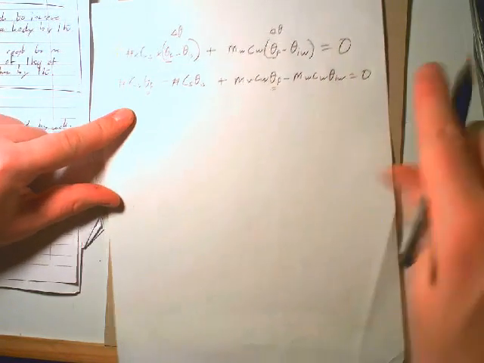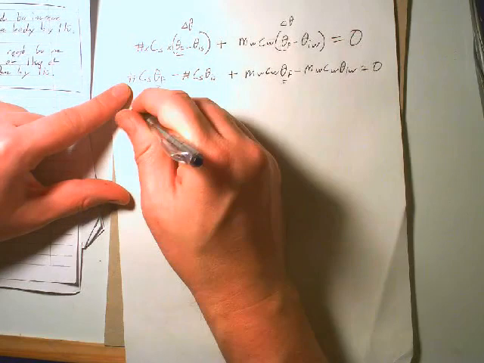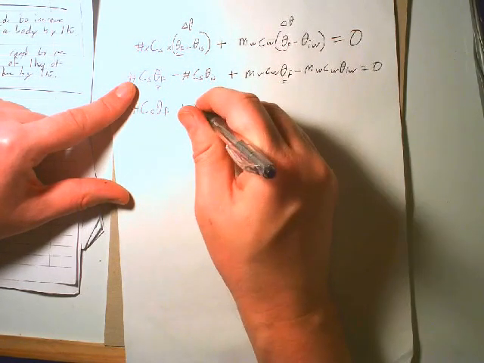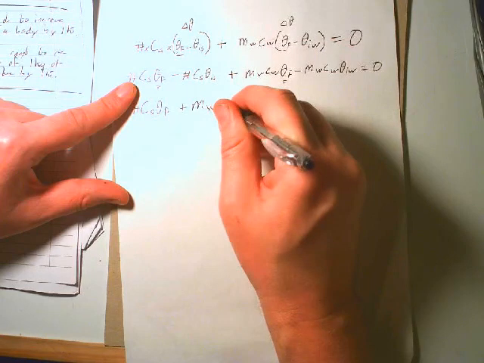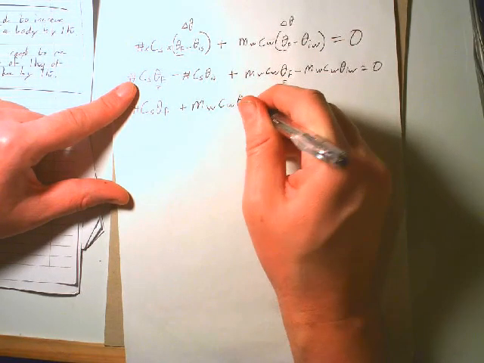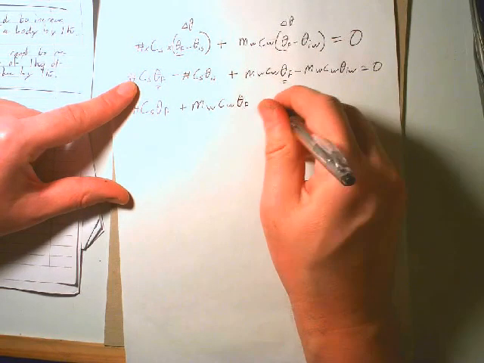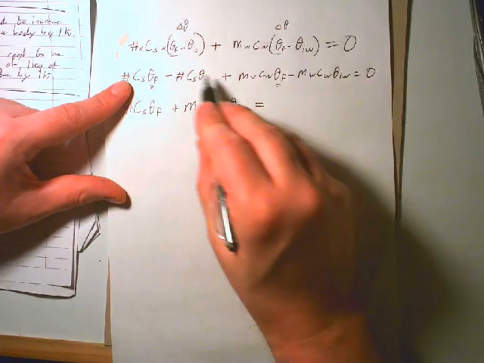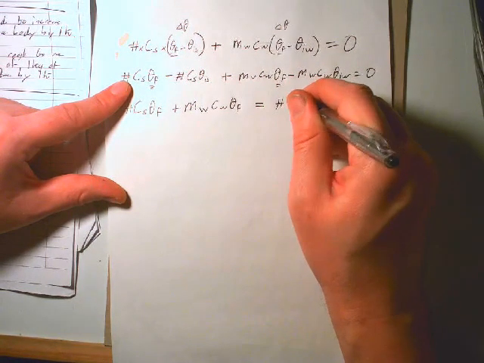So we're looking for theta F. I'm going to bring everything with theta F to one side of the equation and bring everything else to the other. So we're going to keep the number of stones times the heat capacity of stones times theta F, and we're going to keep the mass of water, heat capacity of water times theta F, on this side of the equal sign, and I'm going to bring everything else over.